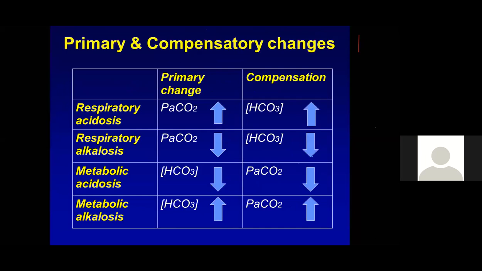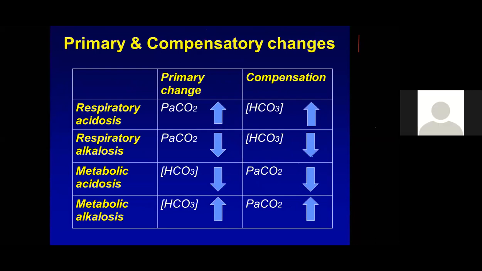Now, the simplest way: what happens in the primary change and what is the compensation? We all know acidosis means pH less than 7.35 and alkalosis means more than 7.45. That is the simplest way to say whether the patient is in acidemia or alkalemia. Now, these are the four things which can happen in our body.